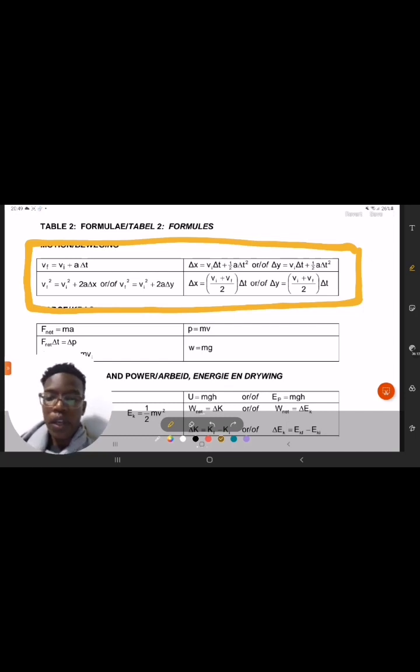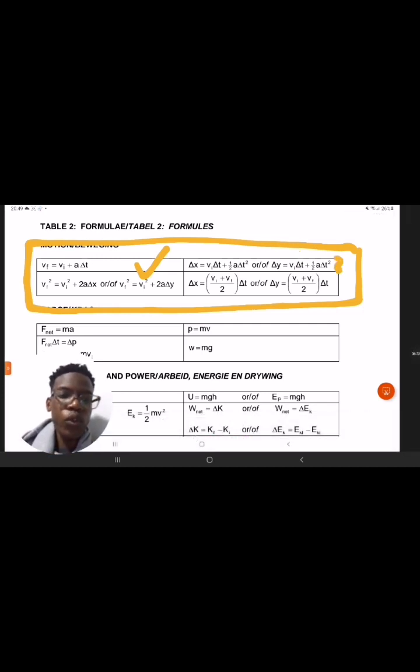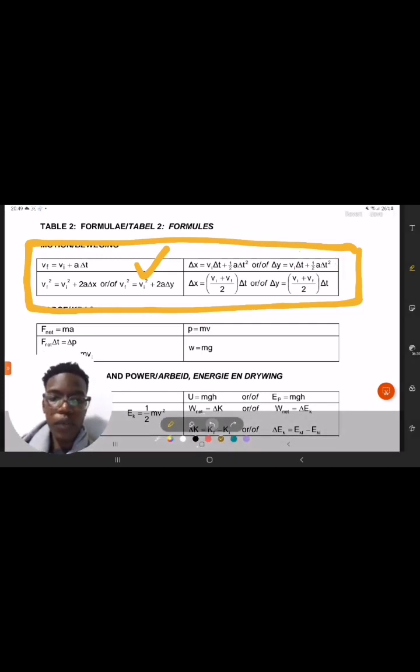Okay, so we can use this equation, but out of curiosity, let's see if we can use the second equation as well. Let's see what we have. We are looking for delta y, right? Do we have Vi? Yes, it's been given to us in the question. Remember, it's the 8 meters per second. Do we have delta t?